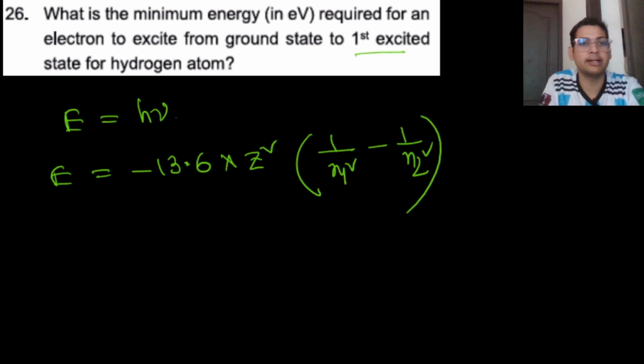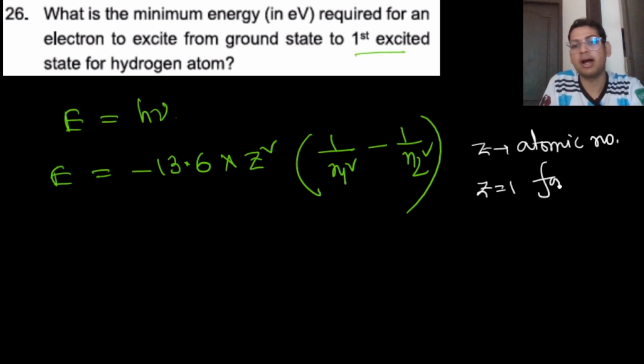Sir, what is Z here? Z is the atomic number. For hydrogen, Z is equal to 1.